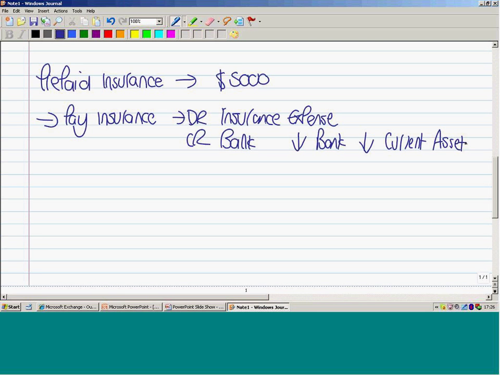So when we come to the year end, we realise that we've actually prepaid 5,000 of that insurance, which actually relates to the next financial year. So yeah, we are going to create a journal entry. Effectively, we're going to debit the prepayment.